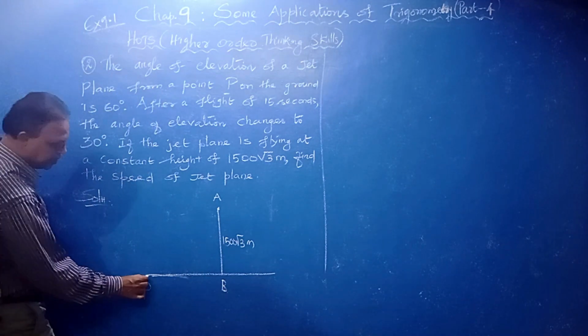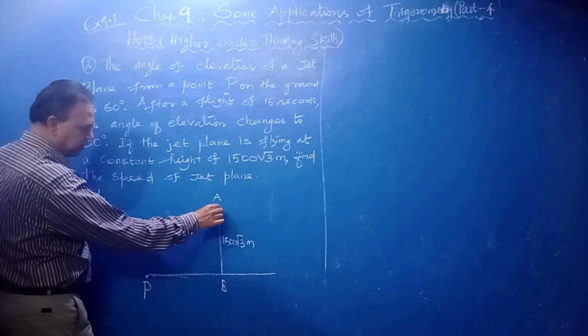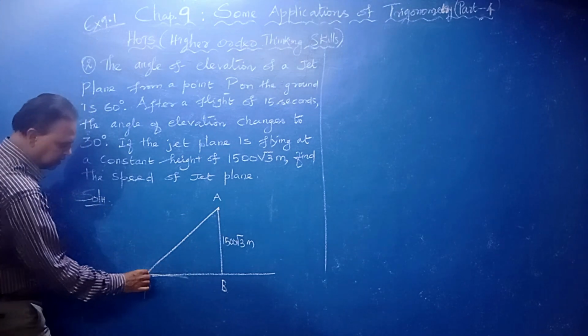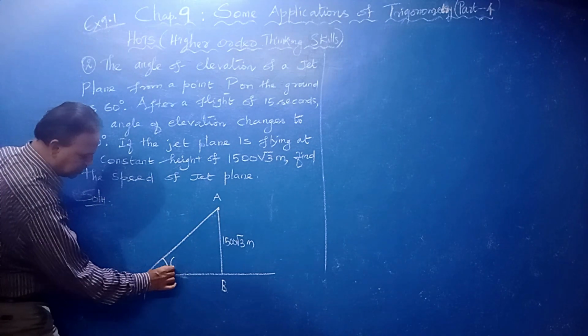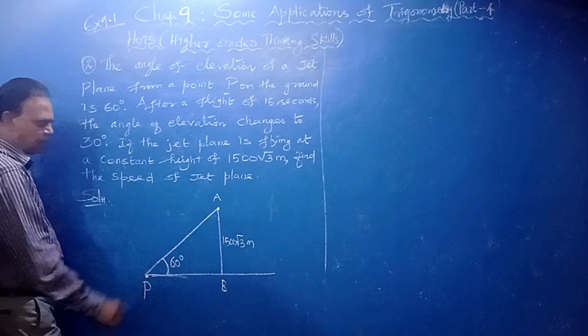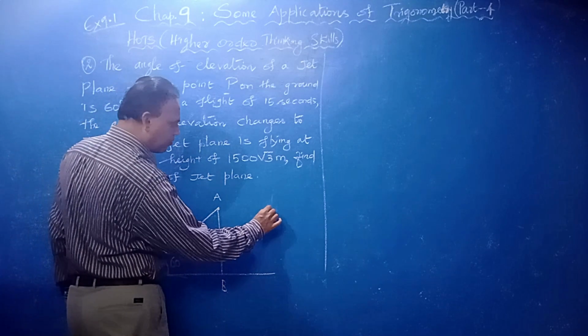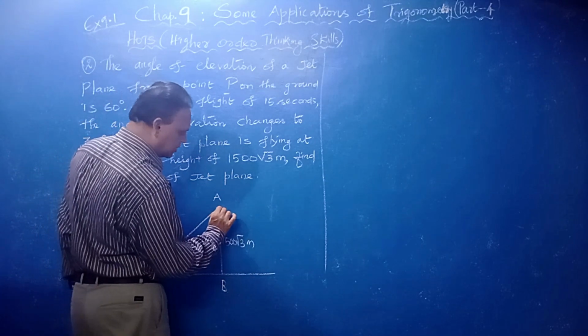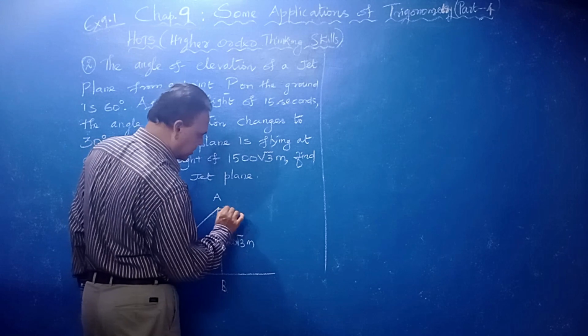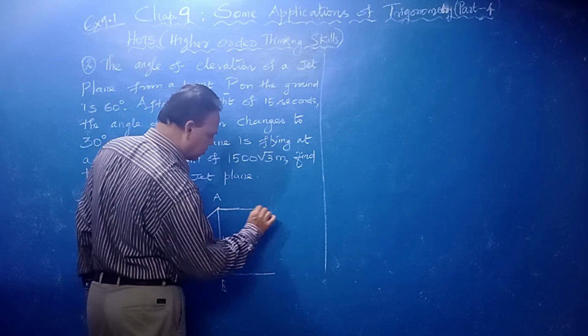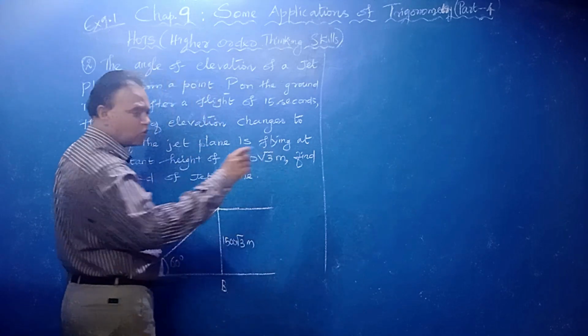So the angle of elevation of the aeroplane from P is 60 degrees first. Again, after the 15-second flight, the flight is at constant height. It is flying at constant height, going straight only.